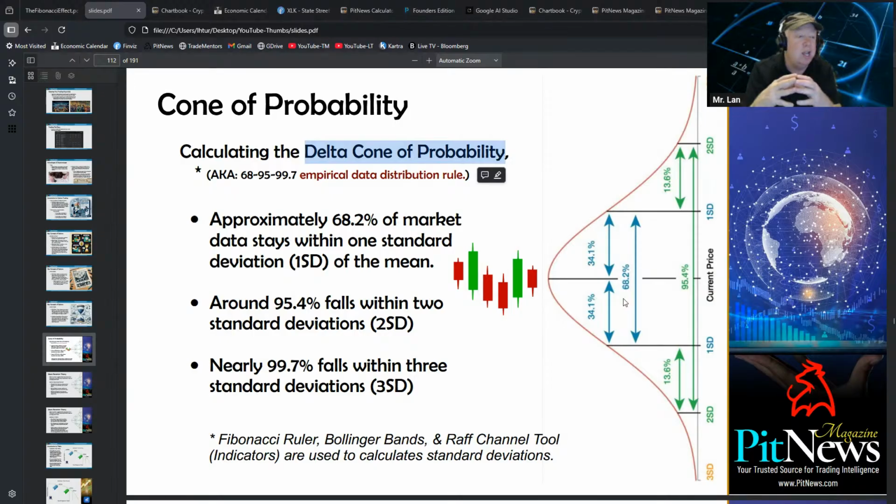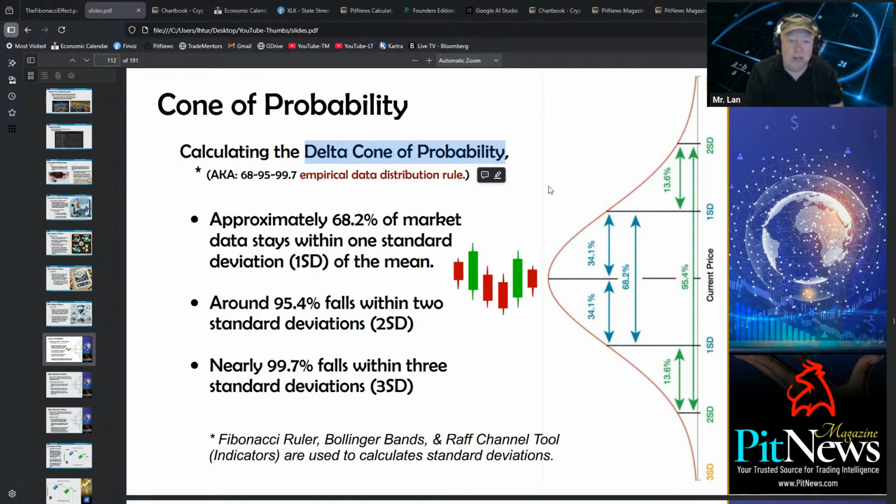Markets 68.2% of the time like to stay within that one standard deviation. Now, around 95.4% of the time, markets fall within two standard deviations, which is the little bit bigger box right out here. And then nearly 99.7% of the time, markets fall within three standard deviations.